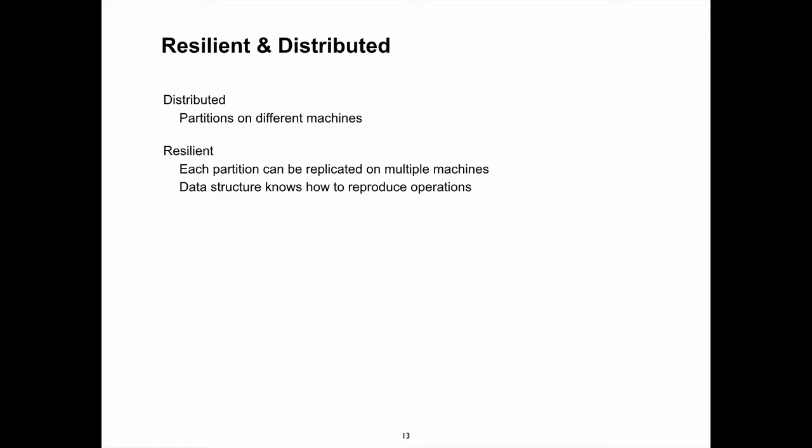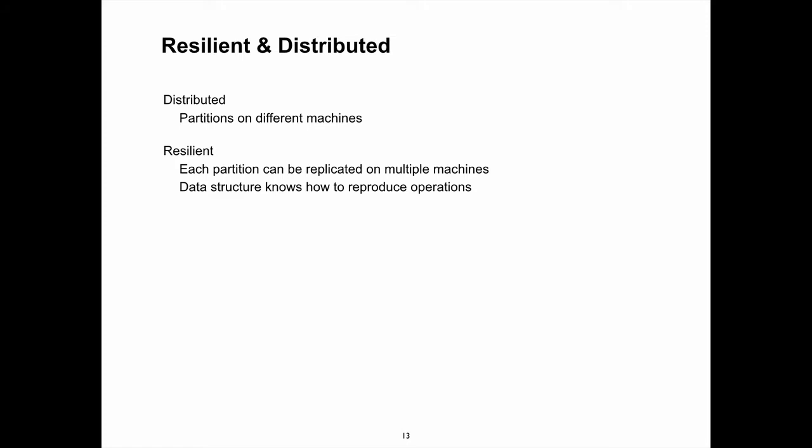So the structure maintains a list of all the operations you want to do on it, and then when you do what they call an action, that's when it says, okay, now it's time to actually perform all these things. And so these data structures have a list of all the transformations they're supposed to perform. What that means is if something goes wrong and you have a copy of that RDD or data frame or data set, it's easy to recompute what you need.